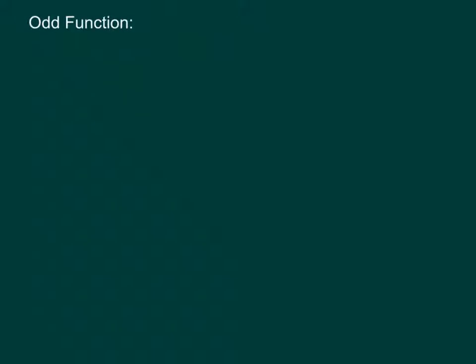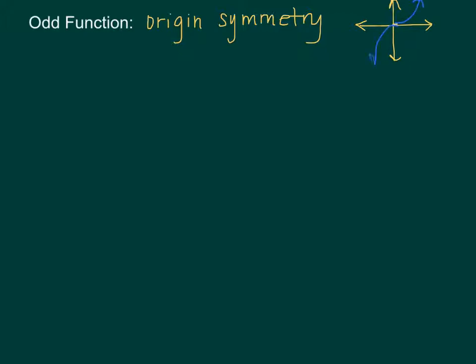Okay, our next type of function is an odd function. And odd functions have origin symmetry. And that means that the origin, which is 0, 0, is now the symmetrical point. And usually the graphs look something like this. See, it's symmetrical over the origin.